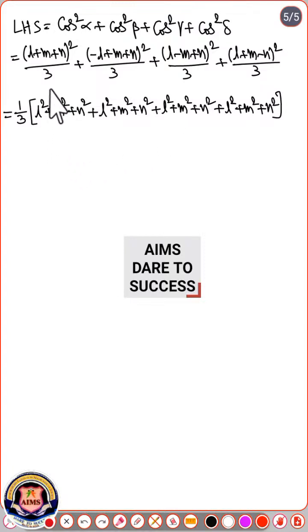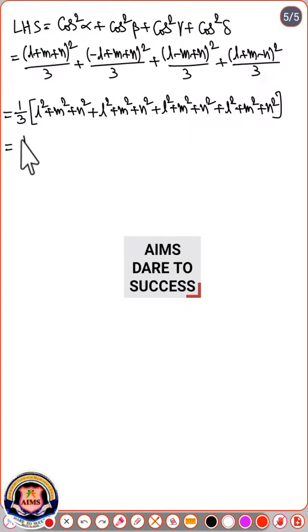The remaining values: plus 2LM here and minus 2LM cancelled, plus 2MN plus 2MN, that is plus 4MN. After that, minus 2MN minus 2MN, minus 4MN, get cancelled.